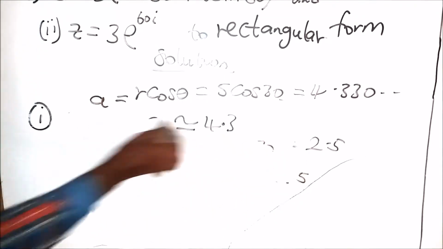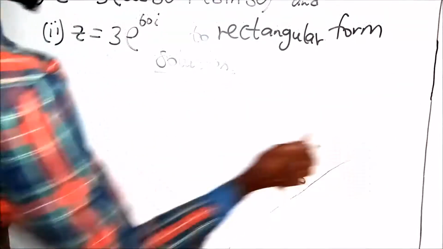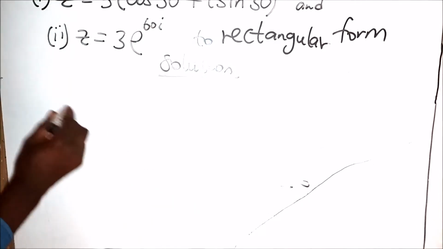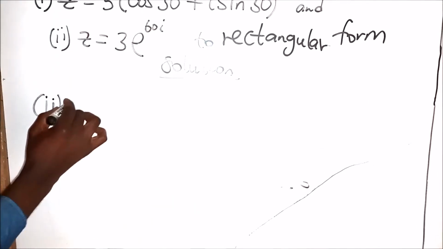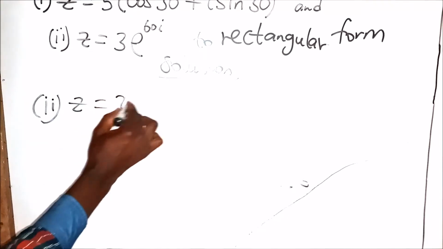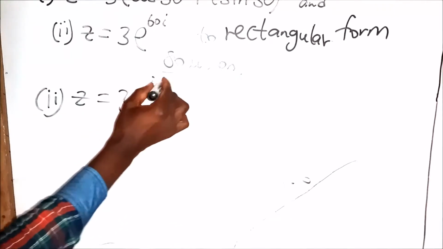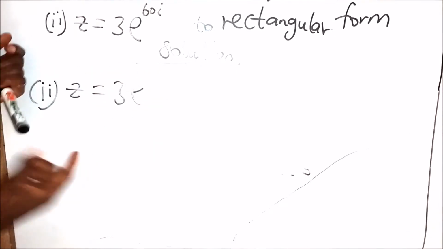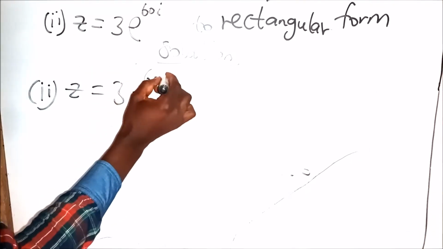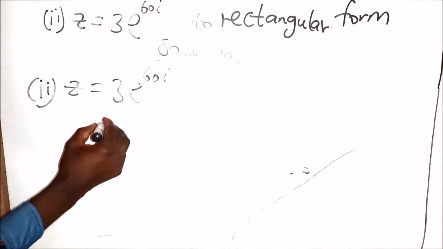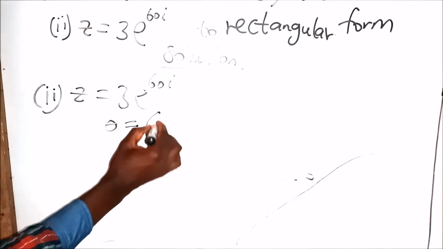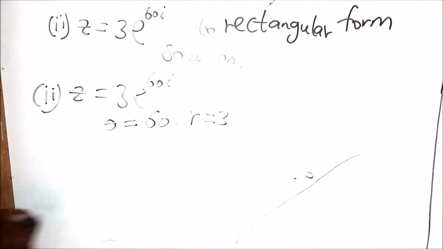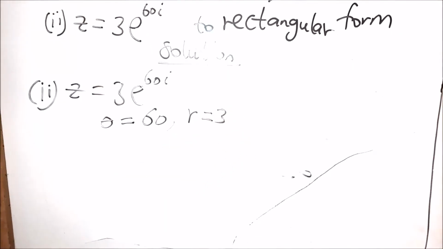Now, in the second question, we have that our complex number is z equal to 3 exponential 60i. So our theta, which is our argument, is 60 and our modulus is 3. Why is this so?